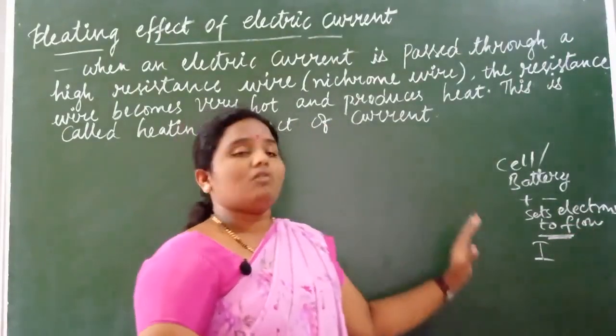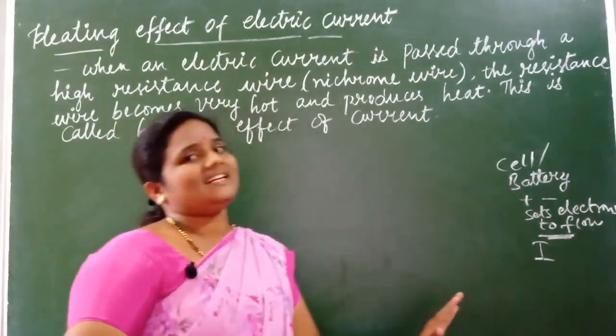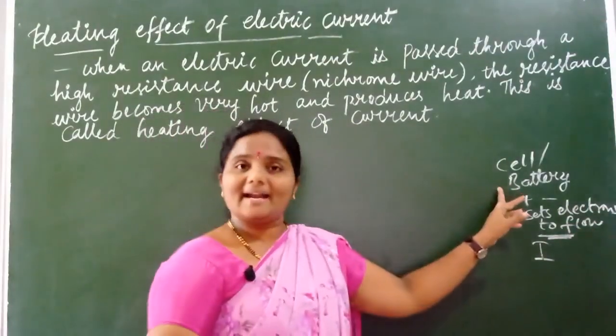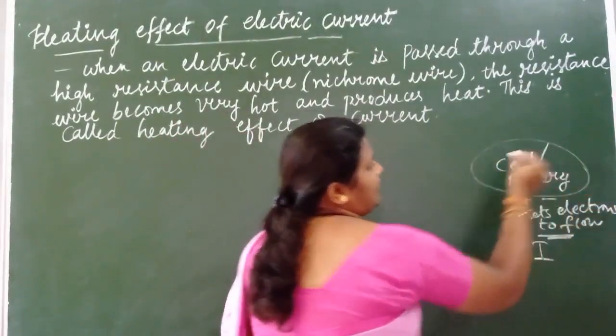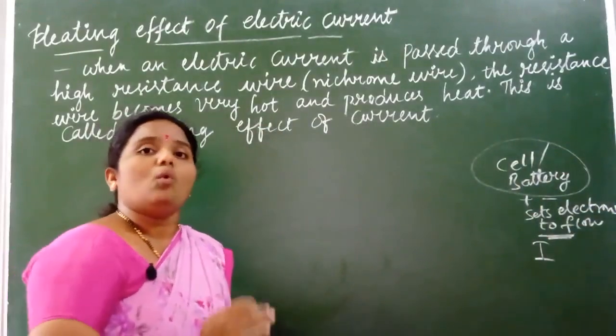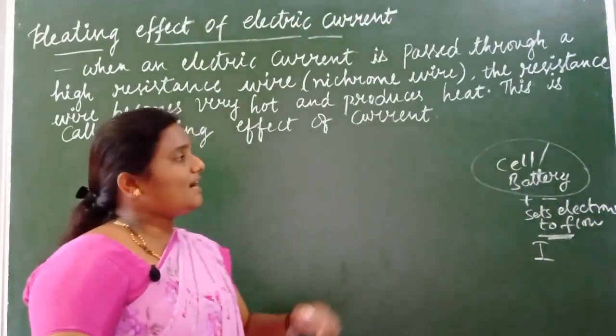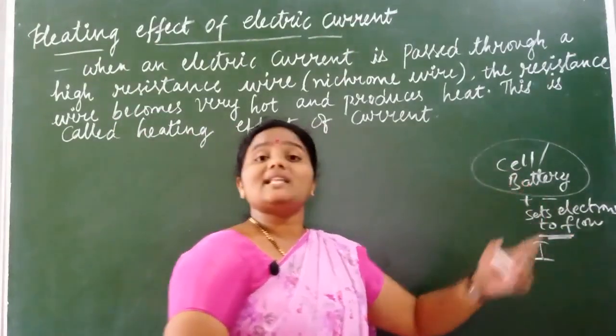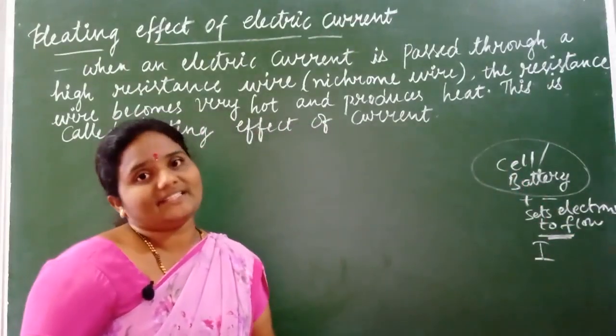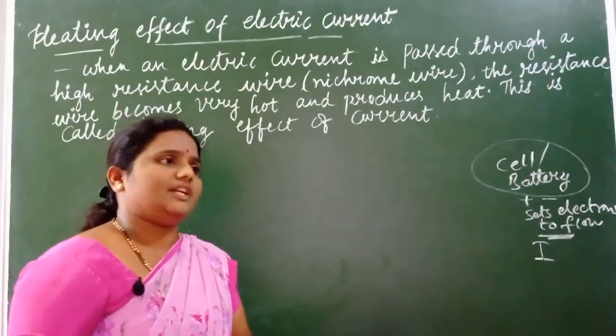Overall, in an electrical circuit, a cell or battery acts as the main source of energy. In an electrical circuit, what is the main source of energy children? Generally a cell or combination of cells. It means that a battery will act as a source of energy.